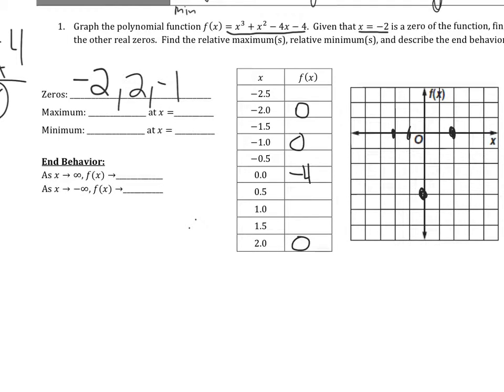So I can fill in the rest of this to help me figure out what my graph is going to look like. All I'm going to do is put that into a calculator: x to the third plus x squared minus 4x minus 4. And I'm just going to look at the table.